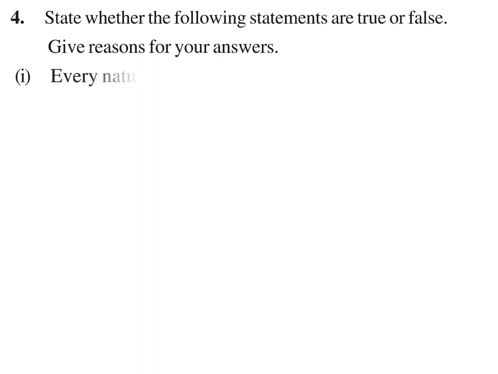Now the fourth question: state whether the following statements are true or false and give reasons for your answers. So let's start. The first statement is: every natural number is a whole number. True or false?